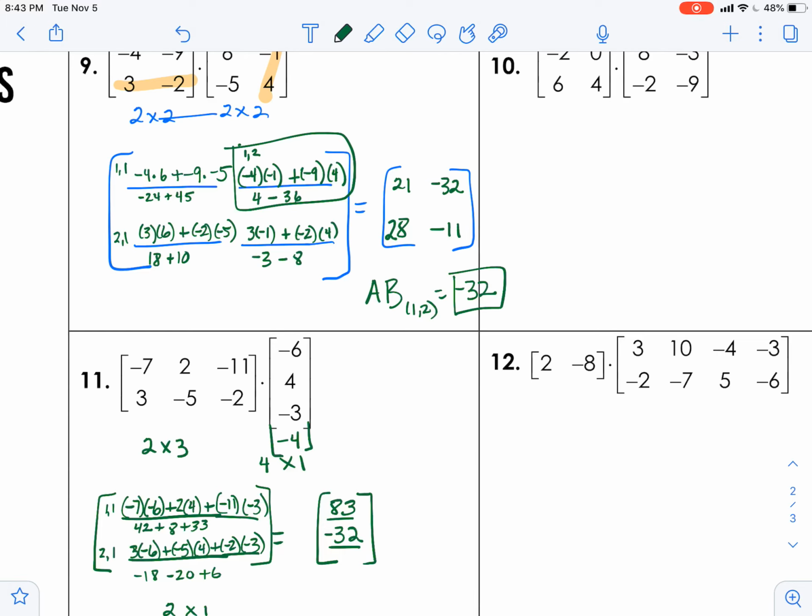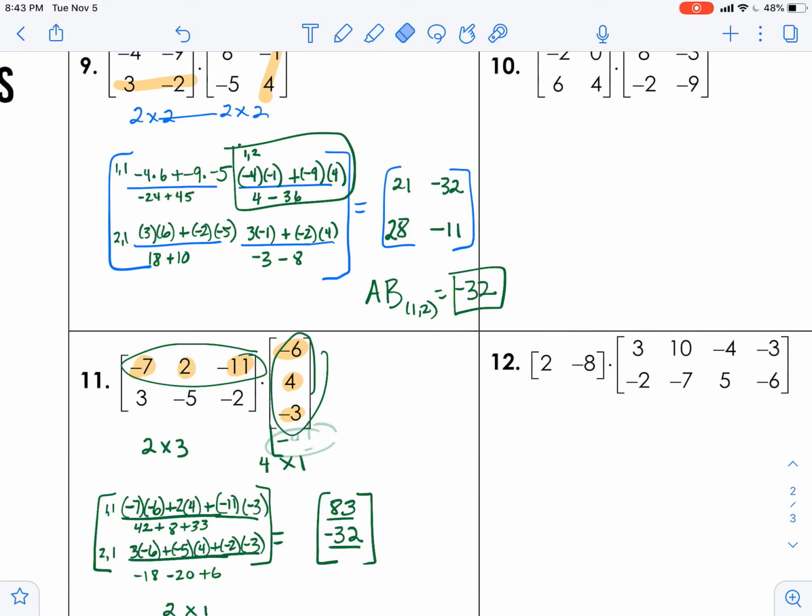When I start doing my multiplication, I have a -7 times a -6 plus 2 times 4 plus a -11 times a -3. And then I've got this lonesome -4 here that doesn't have anybody to be multiplied by it. And so that's why your rows, these numbers, have to equal this number. If not, you can't do the multiplication because you're going to have an extra somewhere.